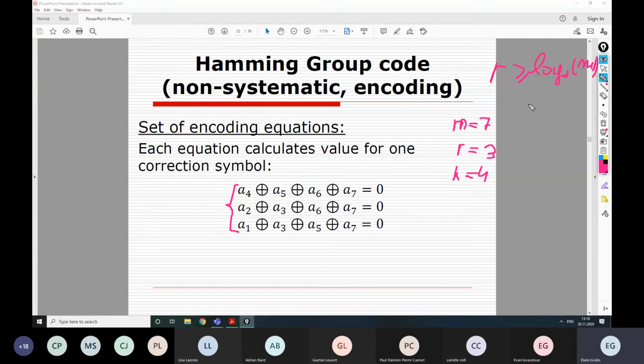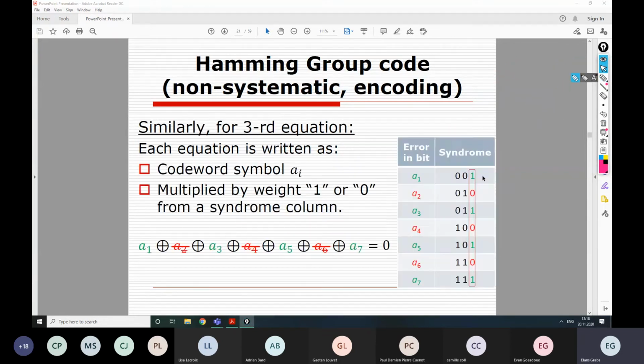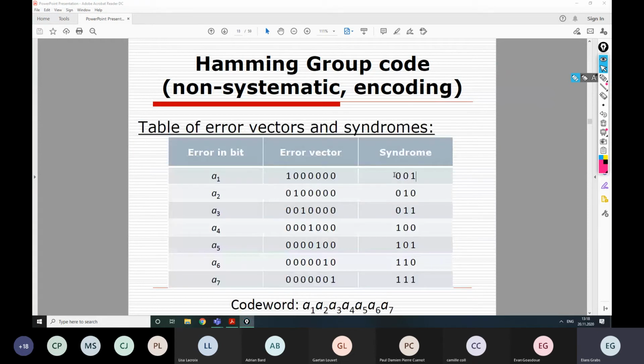And this way we find out that R is 3, and that's why we used 3 bits per syndrome in this table part. So basically here we have R columns.